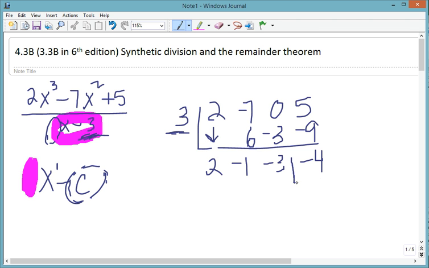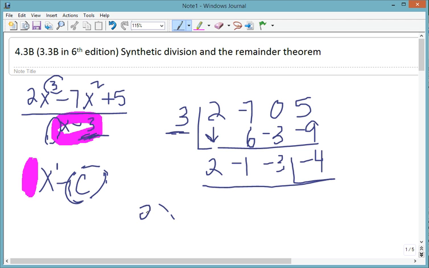Now this last number over here, that's the remainder. You notice that I started with x cubed, but I divided by a single degree x, so my answer will be in x squared. So I can write my answer as if I did it long division.